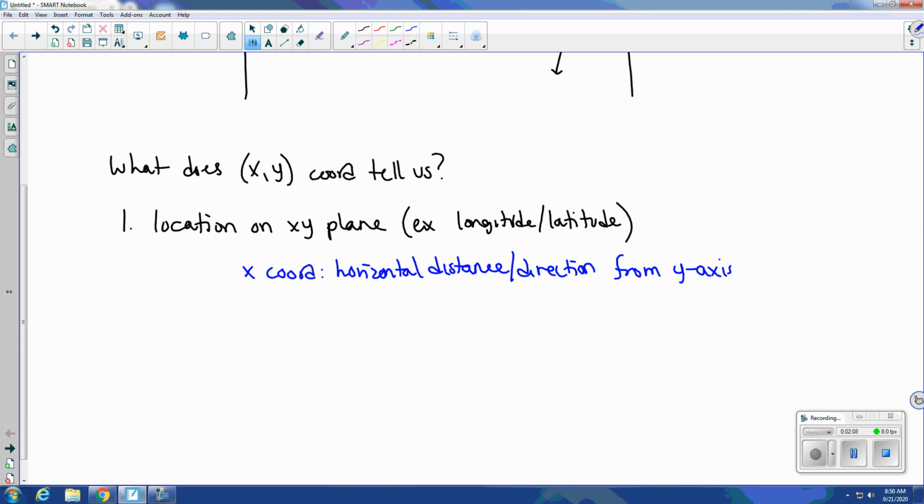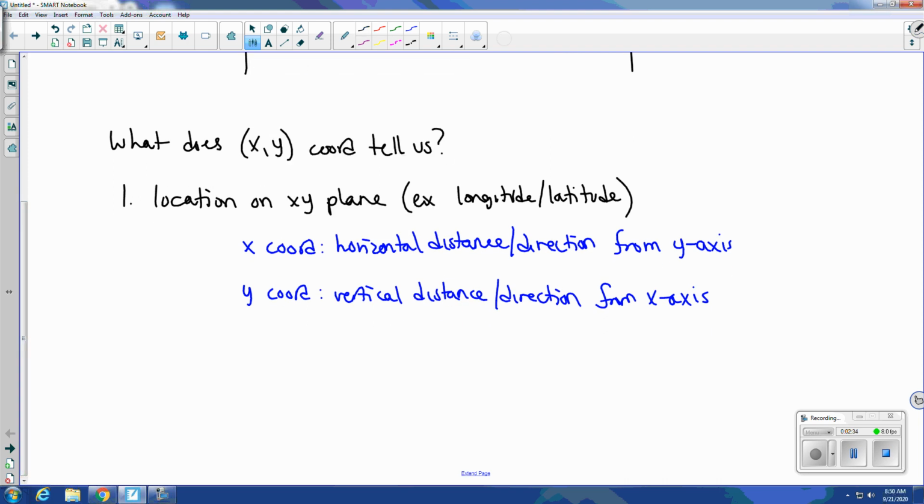The y-coordinate will tell us vertical distance and direction from the x-axis.